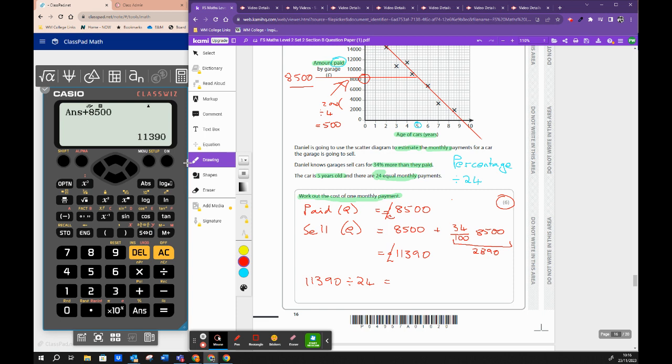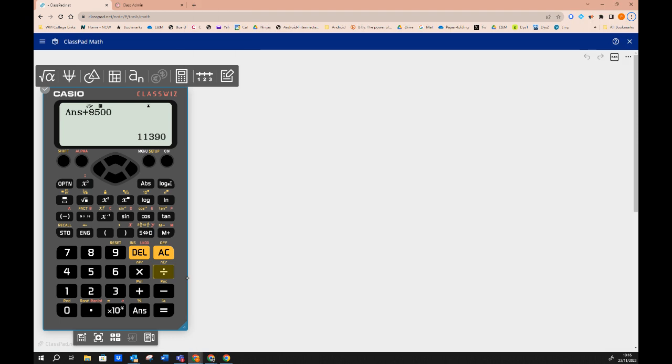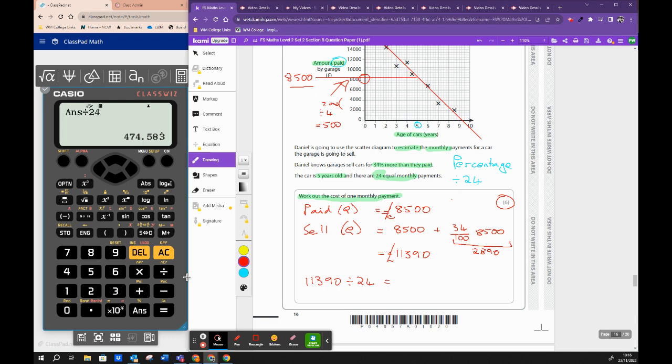All I need to type into my calculator is divided by 24. Okay, and there we have our final answer, 474.58.